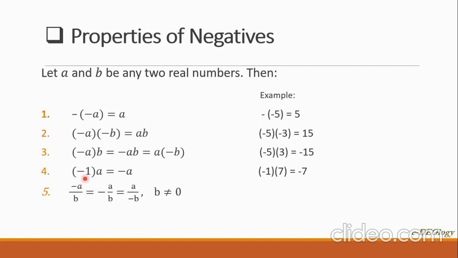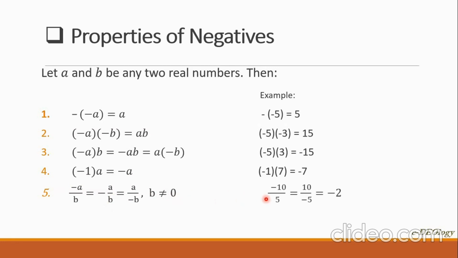See here, negative A divided by B. In this right part, it is A divided by negative B. In both cases, the answer will be negative A over B. In other words, if we divide numbers of opposite signs, the answer will always be negative. Of course, there is a restriction that the denominator must not be equal to 0.